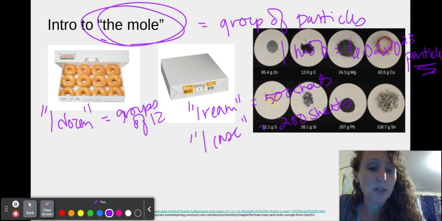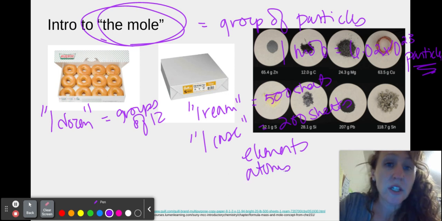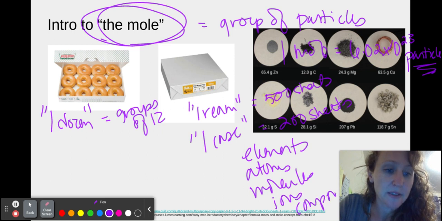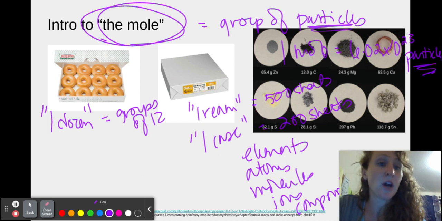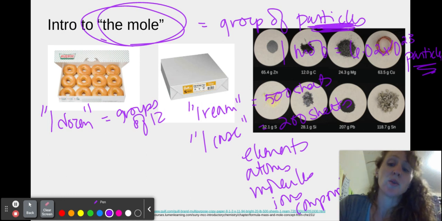We can talk in terms of elements. We can talk in terms of atoms. We could talk in terms of molecules or ions or compounds. We can talk in terms of a lot of different particles, right? One particle, one piece is not always the same. And this is true for other things too.